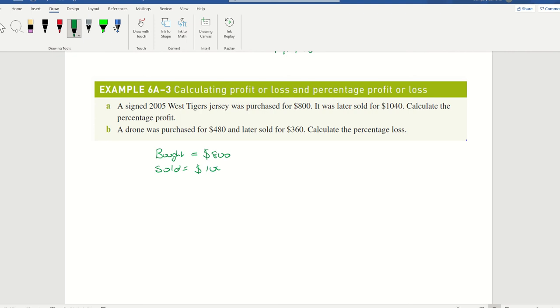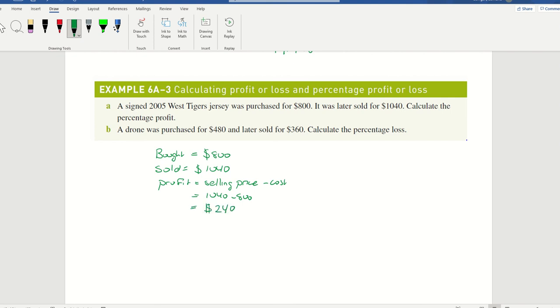It says calculate the percentage profit. So the profit is what we bought it for, the cost minus sold, so selling price minus cost is our profit. So 1040 minus 800. So the actual profit amount was 240.